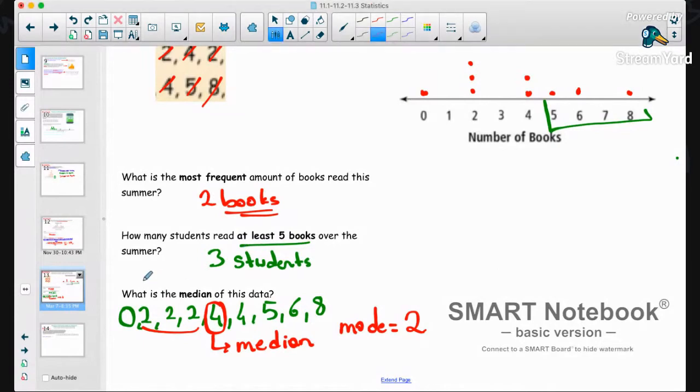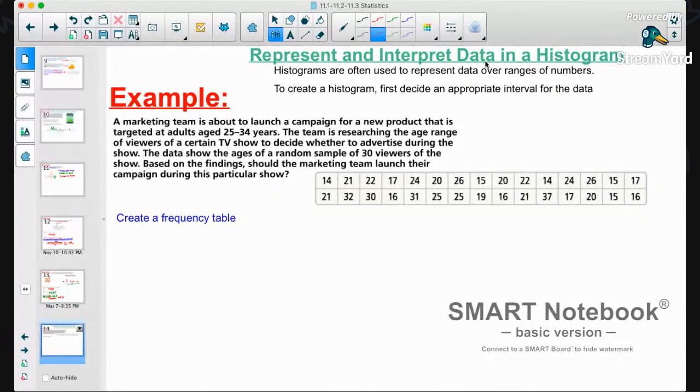All right, next. I am going to teach how to represent and interpret data in a histogram. Histograms are often used to represent data over a range of numbers. To create a histogram, first decide an appropriate interval for the data. Example: a marketing team is about to launch a campaign for a new product that is targeted at adults aged 25 to 34 years.